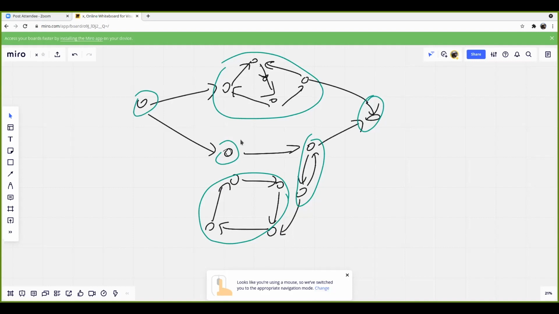Imagine that you start within the graph somewhere. Maybe you start within one of the larger connected components and you run DFS. What are the vertices that will eventually be reached by the DFS that is run from this particular vertex? Well, everything within the strongly connected component itself is reachable from the vertex where you started.